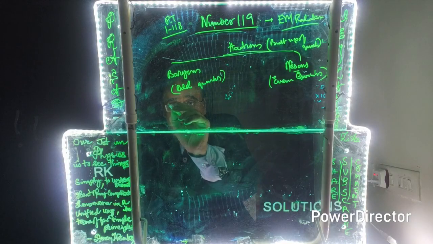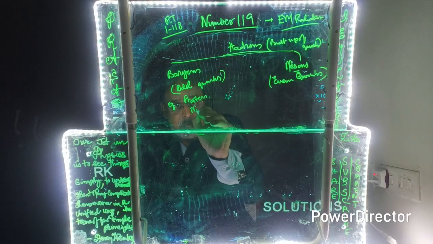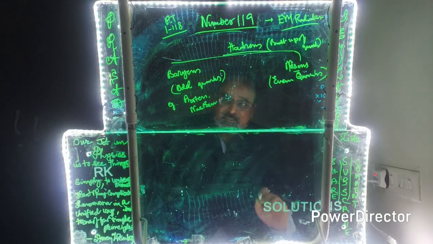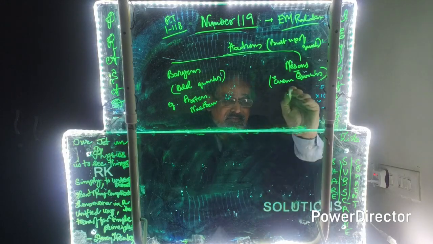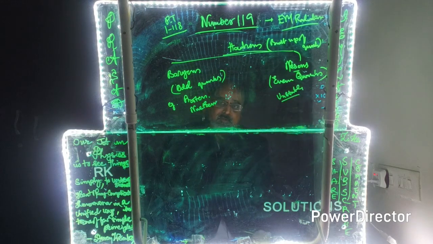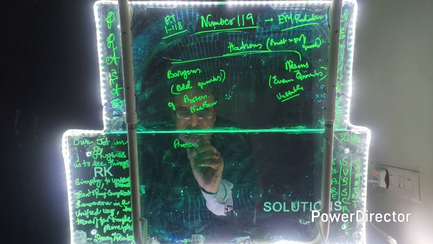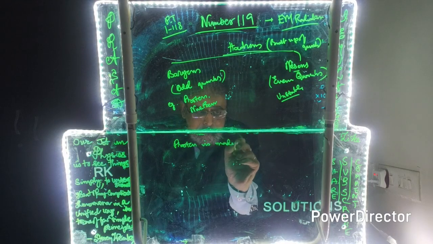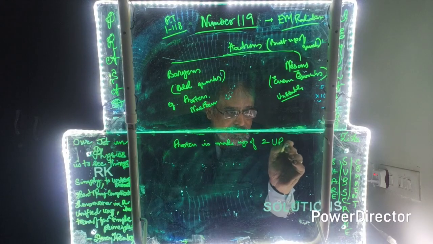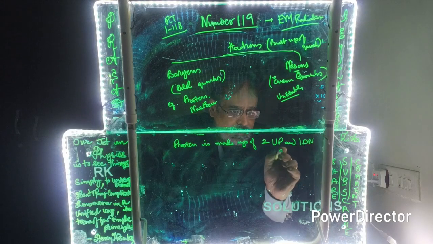The best examples of baryons are proton, neutron. Examples of mesons, there are so many, which are not stable, unstable. Let's say now this proton is made of two up quarks and one down quark.